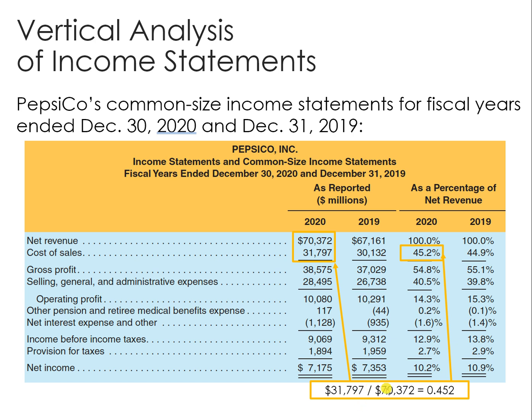What we're going to do is divide everything by net sales, or net revenues in this case. Net revenue divided by revenue is 1, which gives us 100%. Then the cost of sales now is 45.2%, and the gross profit 54.8%. Net income is 10.2%. That's for 2020.